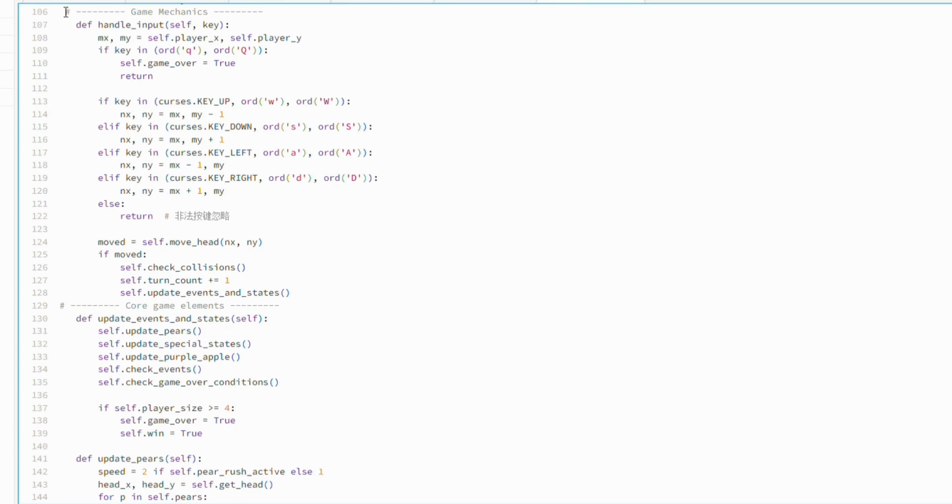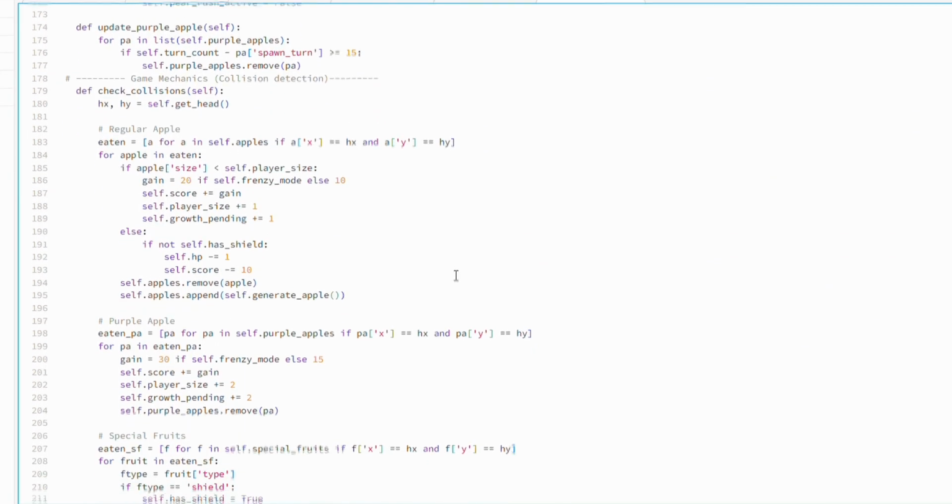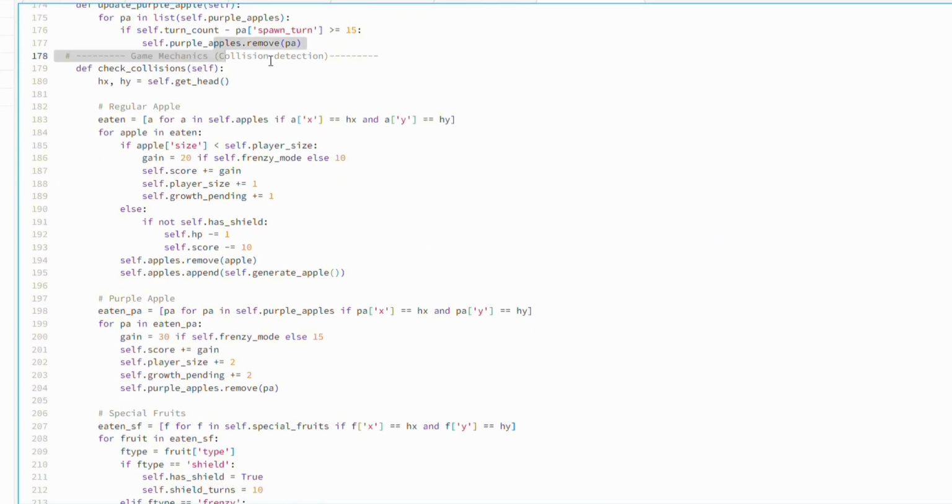Here's the third part, the game mechanics, and it can also be divided into several small parts. In the first small part, it's about handling the user's input. And we also have the collision detection.